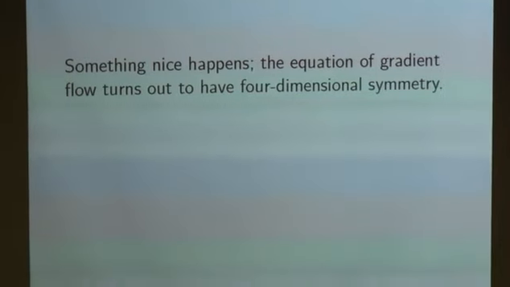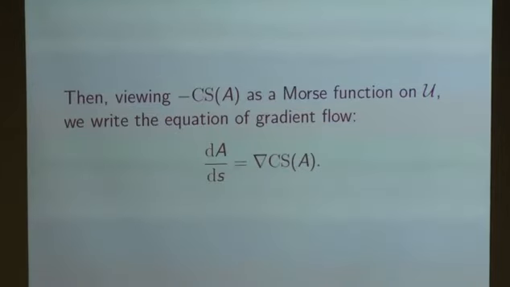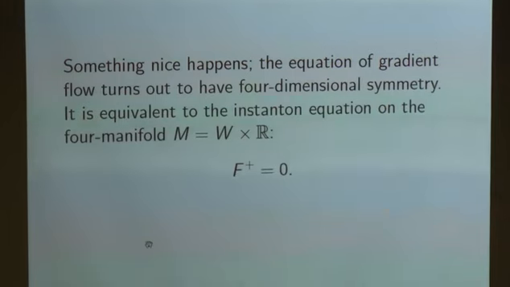However, something nice happens. The equation of gradient flow turns out to have 4-dimensional symmetry. In fact, it's equivalent to the instanton equation on the 4-manifold M, which is W times R. The way this happens is that dA/ds is the electric field in a gauge where A_0 is 0, and the gradient of Chern-Simons is the magnetic field.